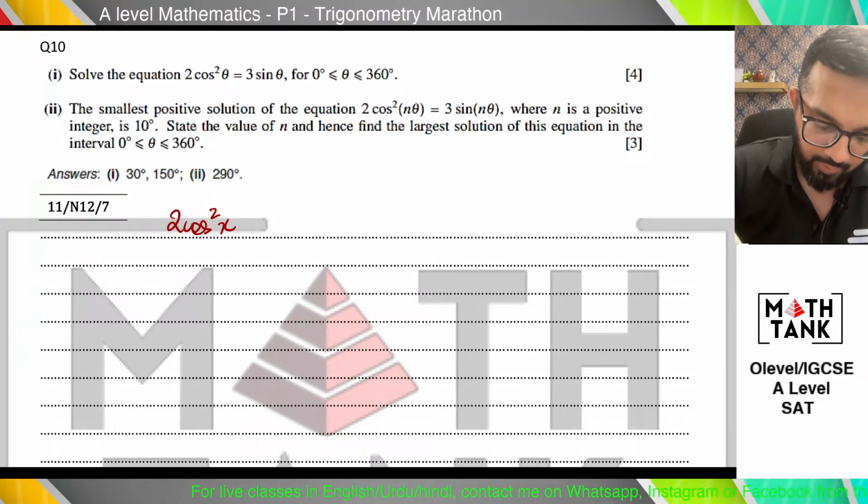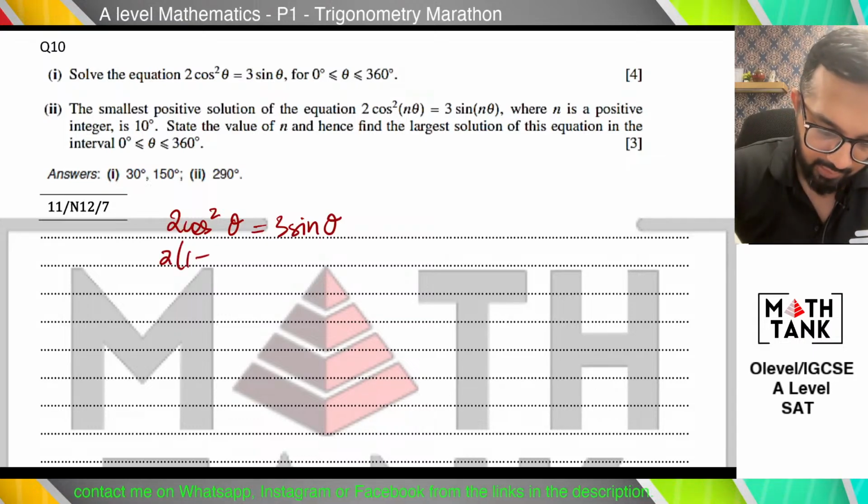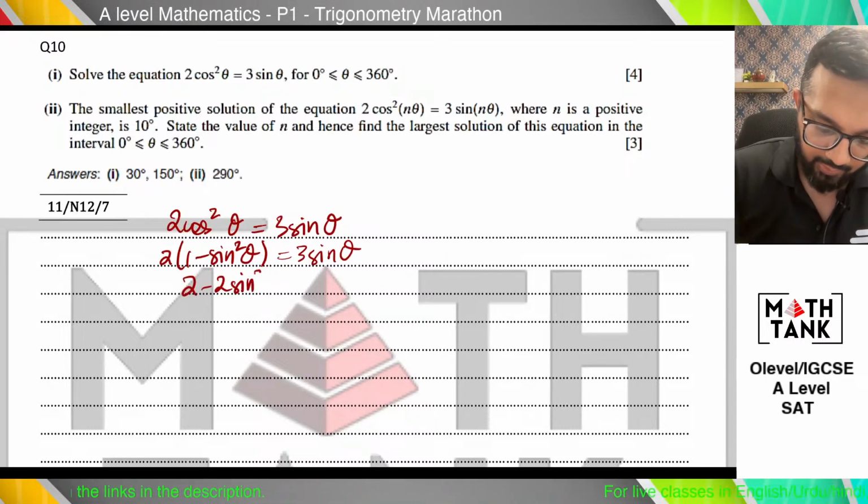Okay, so 2 cos squared theta equals 3 sine theta. So 2 times (1 minus sine squared theta) equals 3 sine theta. 2 minus 2 sine squared theta equals 3 sine theta.